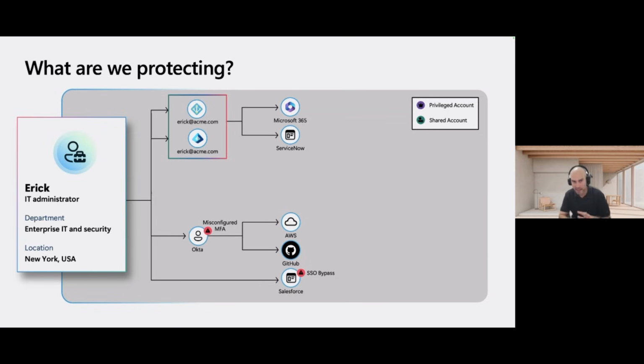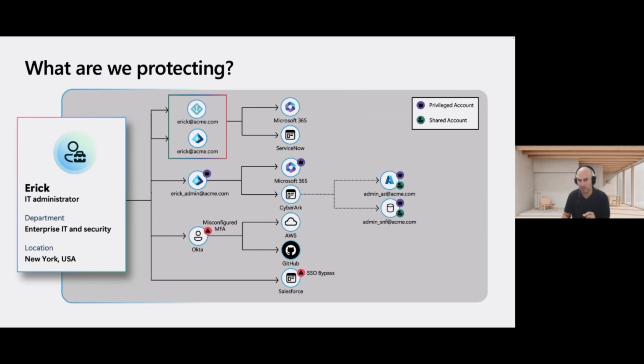So that's how identities span across different systems, but I also mentioned that the identity fabric is complex, so let's see what that looks like. I mentioned earlier that Eric has his own day-to-day account on Entra ID, eric@acme.com, but one additional fact about Eric is that he has an additional account, ericadmin@acme.com.